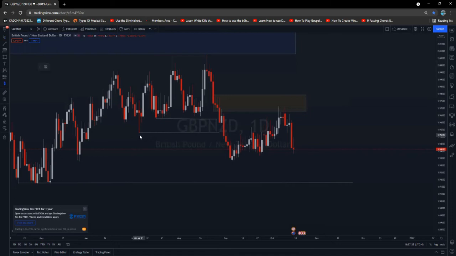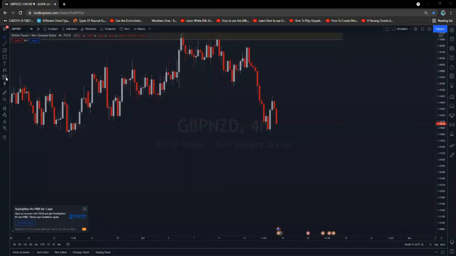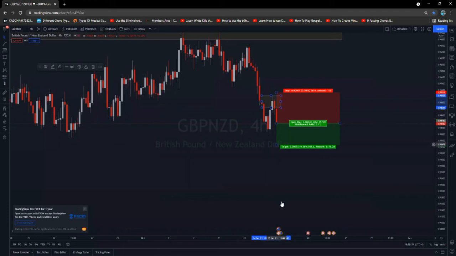So yeah, let's go to the 4-hour and see if we can't find an opportunity. So yeah, if you're considering entering on this pair, I suggest that you do so at current market price. Put your stop loss above structure, a few pips above structure, and put your take profit on the next area.